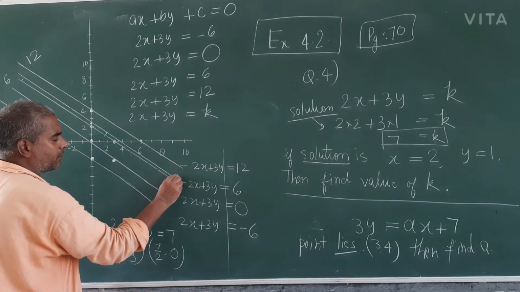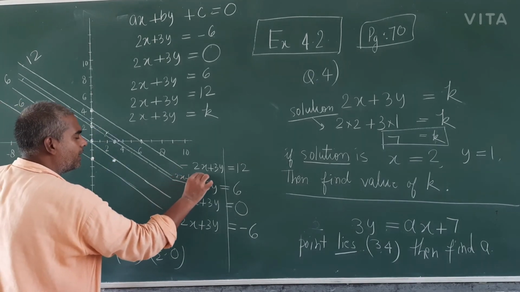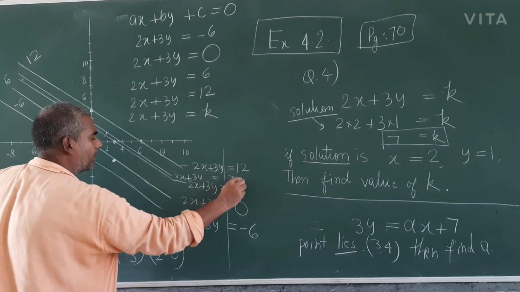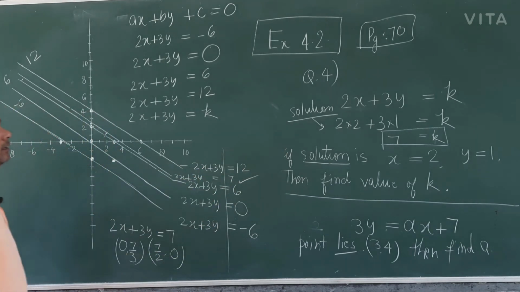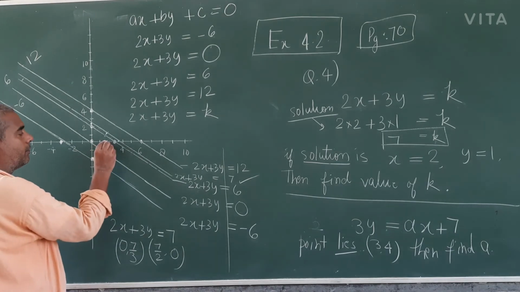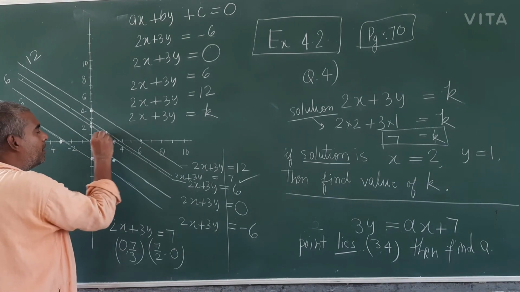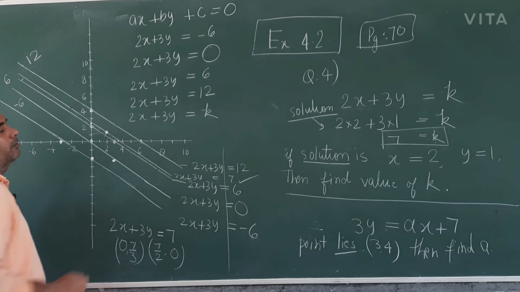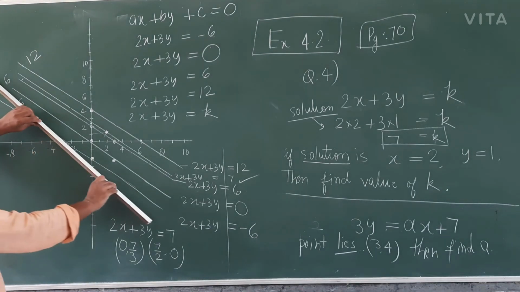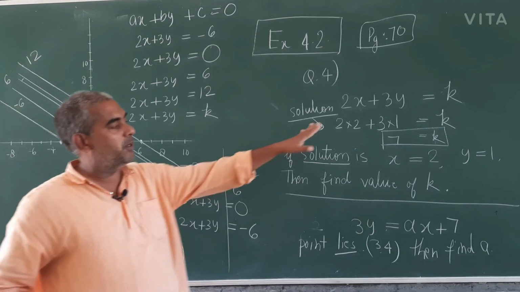This was 6, this was 2x plus 3y is equal to 7, and 7 was your answer, because when you see this point 2, 1, it passes through 2, 1. So this was the solution. The solution was very simple.